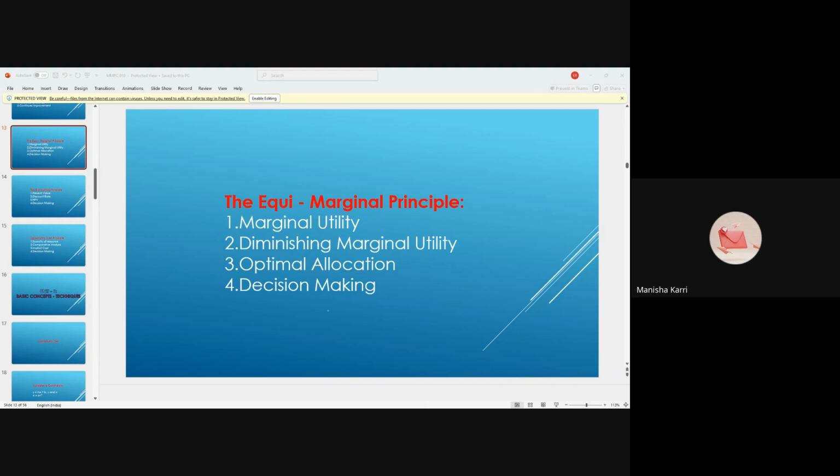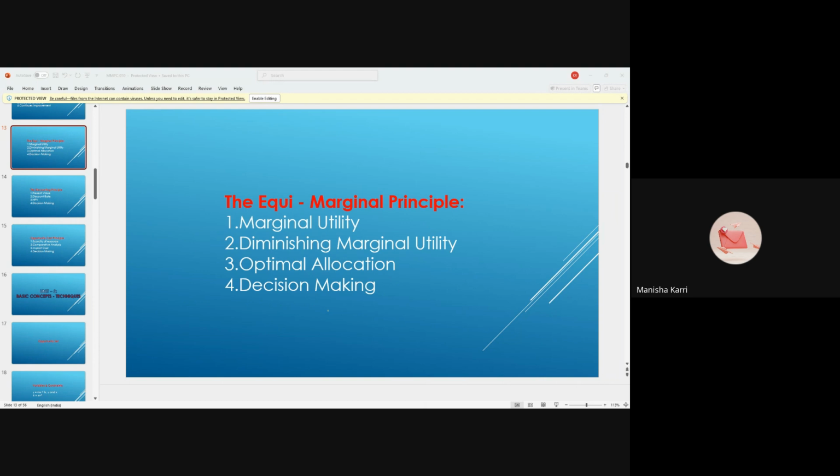Next one is optimal allocation. According to the equimarginal principle, a consumer should allocate their resources, such as money or time, in such a way that the marginal utility per unit of resources is equal across all uses. This will ensure that the consumer is maximizing their total utility or satisfaction in decision making.